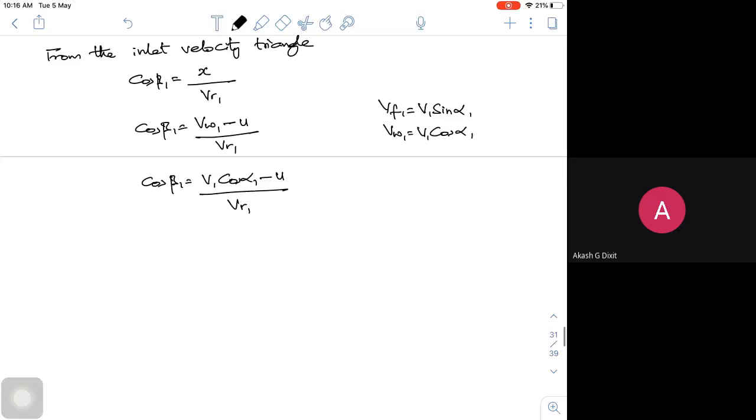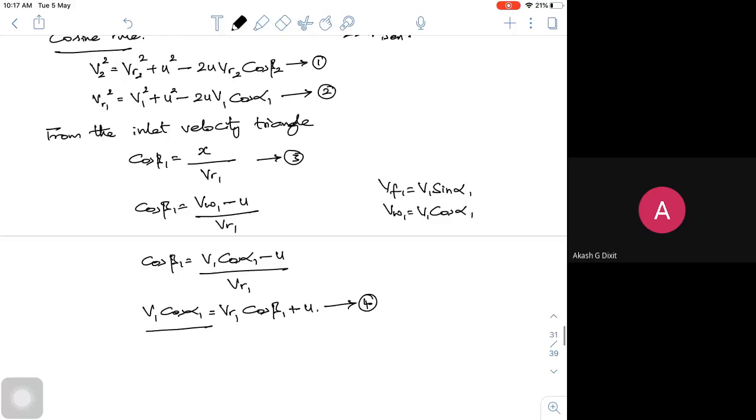With a little cross multiplication, V1 cos alpha 1 is equal to VR1 cos beta 1 plus U. I am calling this equation 3, and this equation 4.